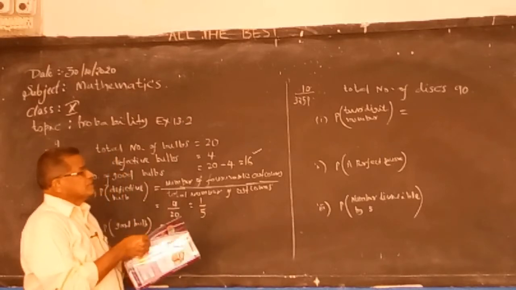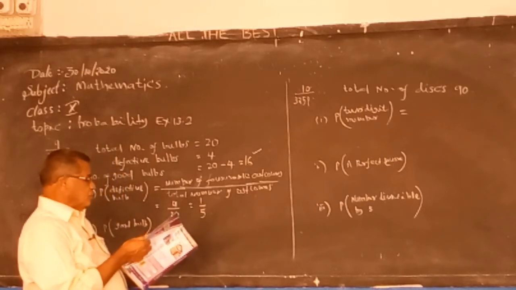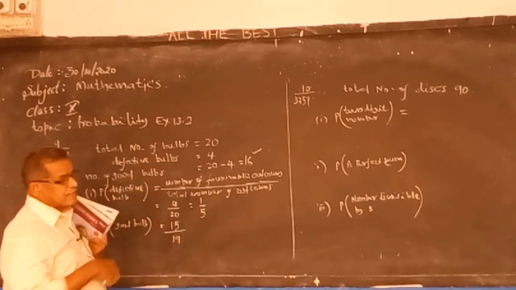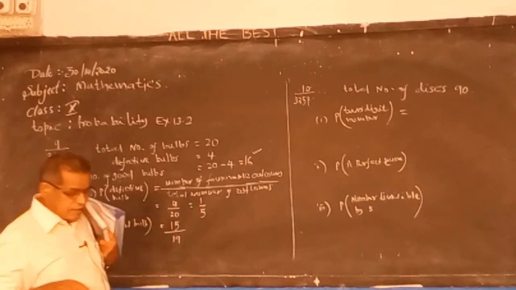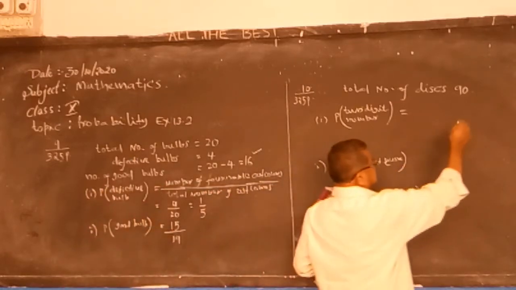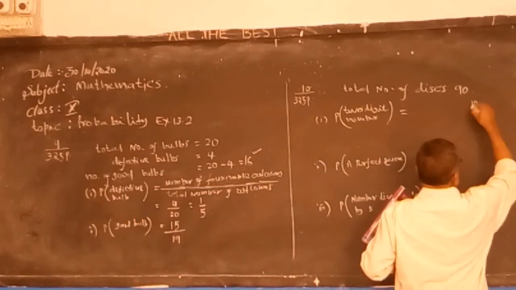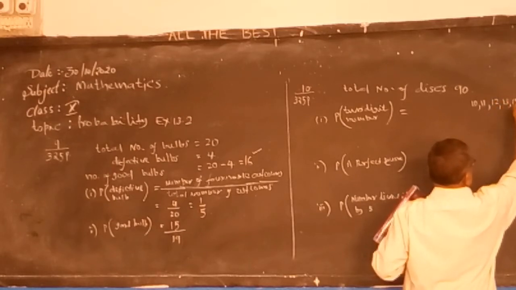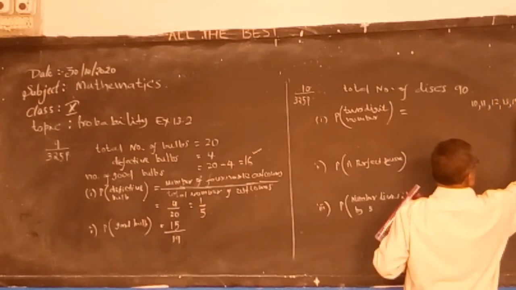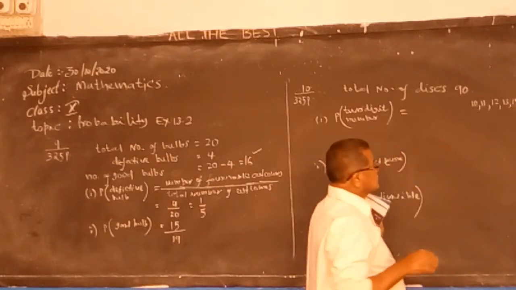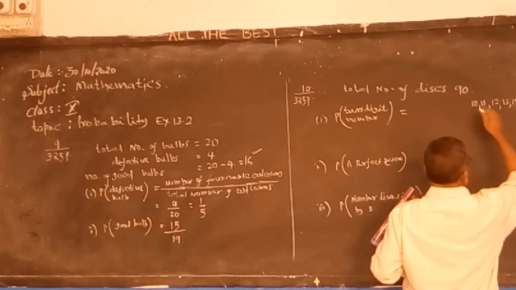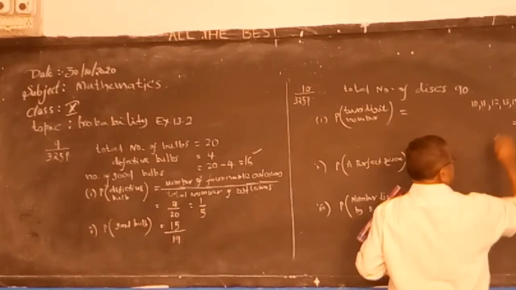Here, two-digit numbers start from 10, 11, 12, 13, 14, up to 90. From 11 to 90 there are 80, and this 10. Totally there are 81.